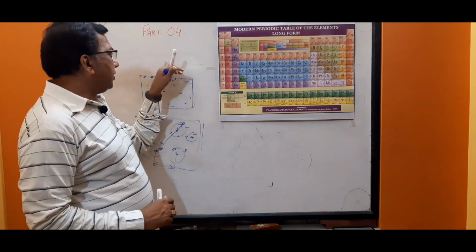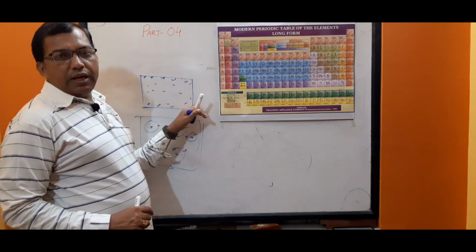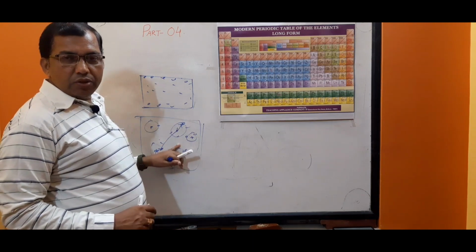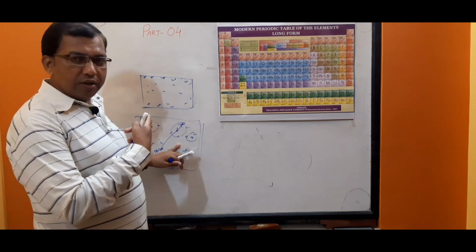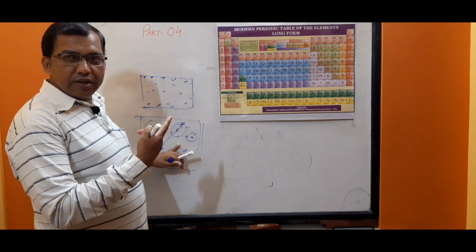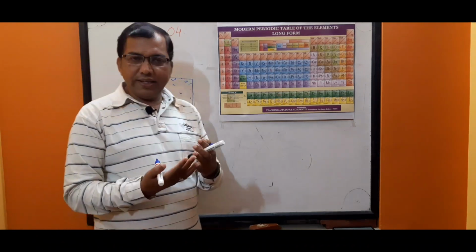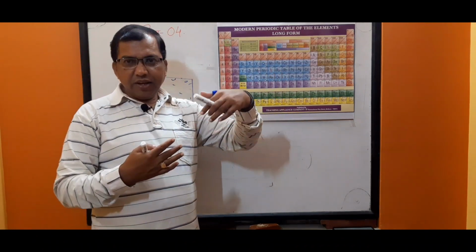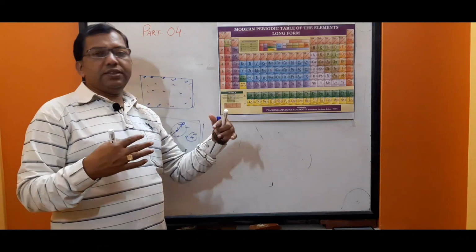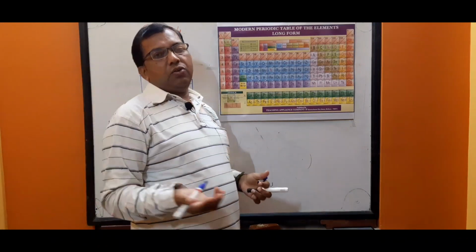The covalent radius, van der Waals radius, and metallic radius: which is greater? Which is greater? The van der Waals radius is greater than the metallic radius, then covalent radius.